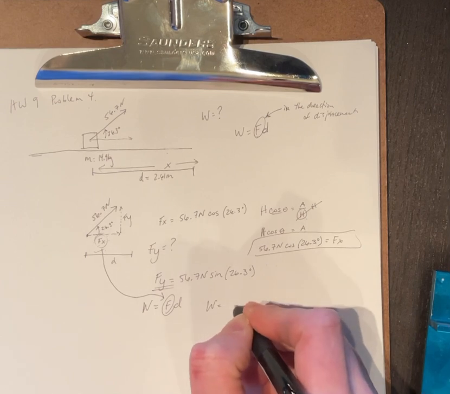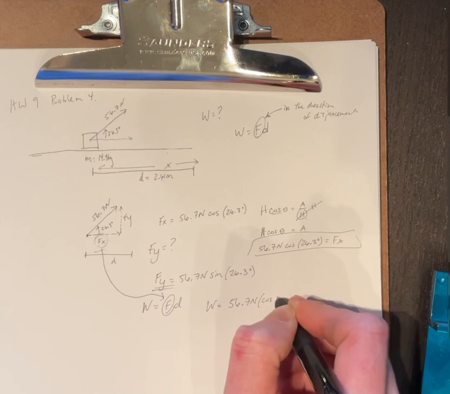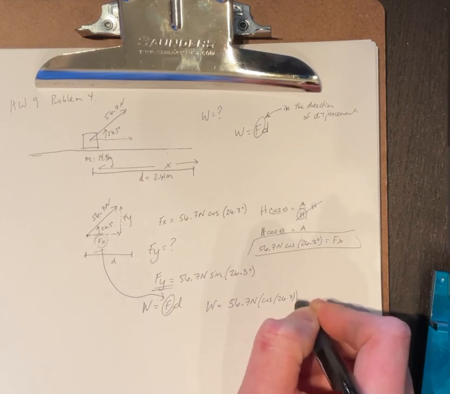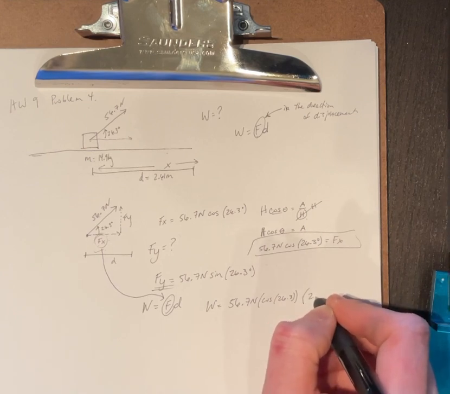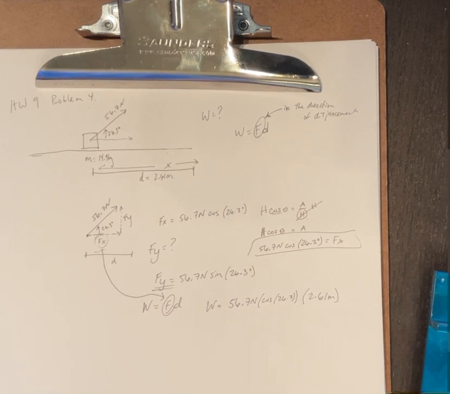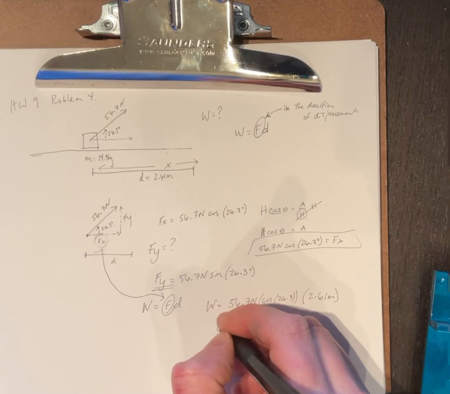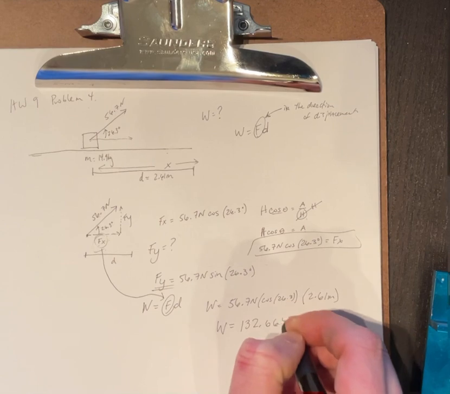So we can say the work is equal to 56.7 newtons times the cosine of 26.3 times the displacement, which is 2.61 meters. So 56.7 times cosine of 26.3 times 2.61. So the work is 132.668 joules.